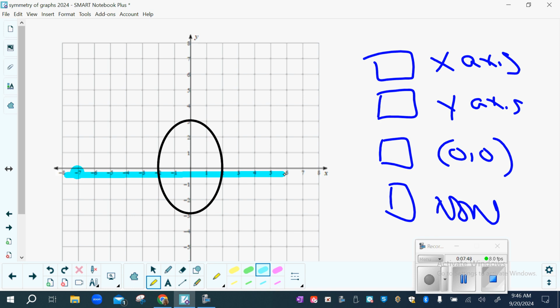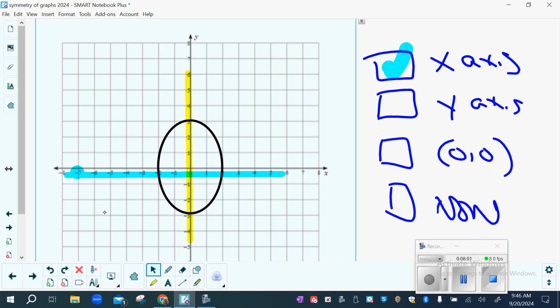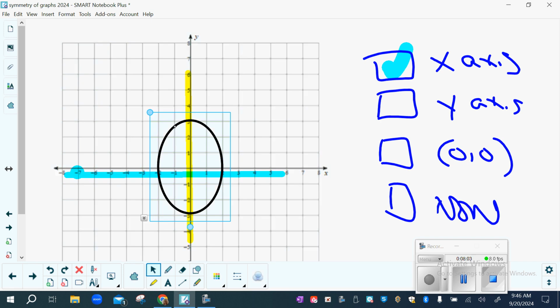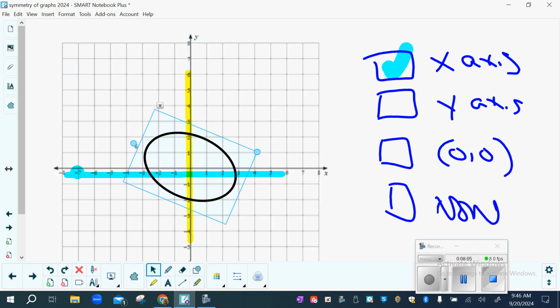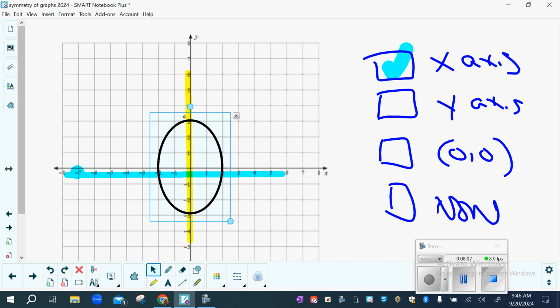If you cut him in half, he's good. Does he have y-axis symmetry? Yeah, he does. And even if I spun him, oh, look, there he is. I'm so excited. If I spun him around, look, he's perfect. So sometimes they have more than one. Yeah, that can happen.